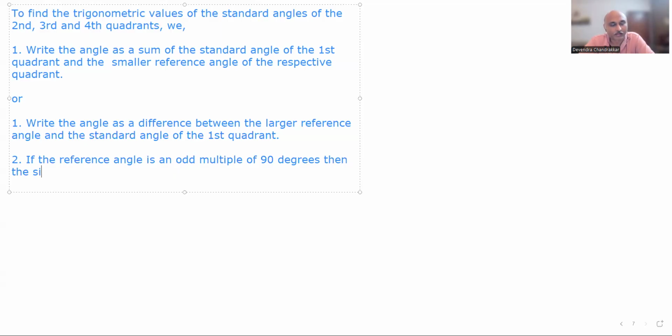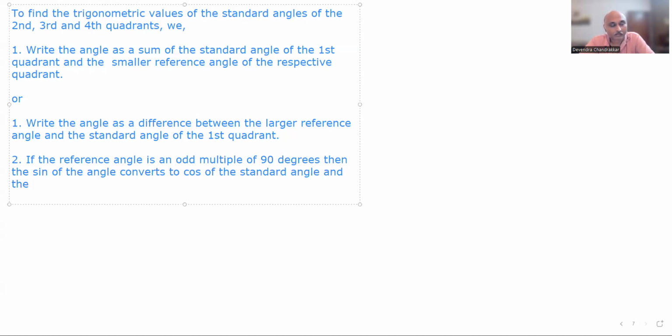Then the sine of the angle converts to cos of the standard angle.